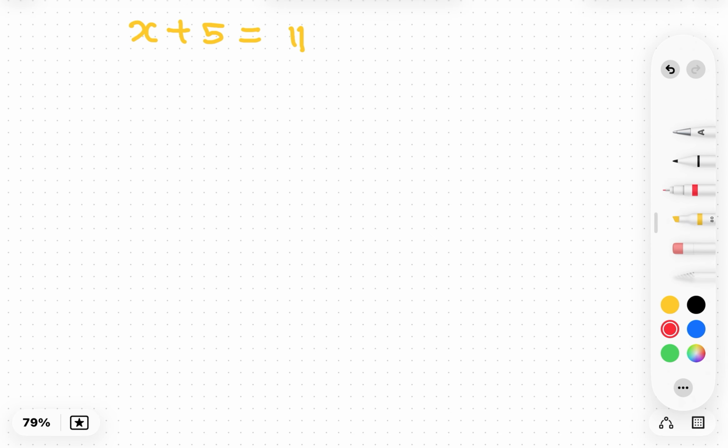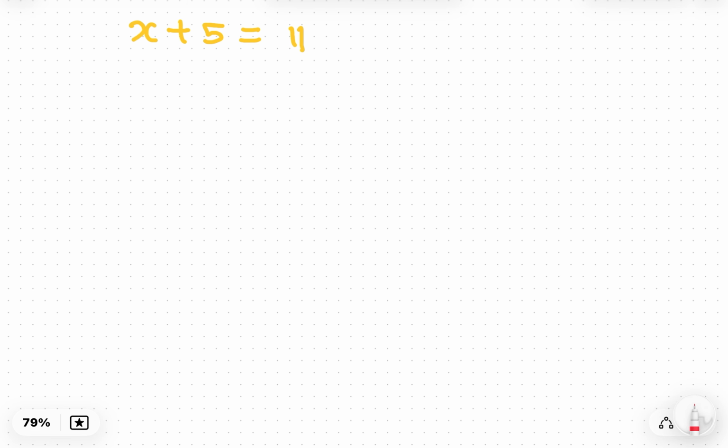Let's say our next equation is x plus 5 equals 11. Now to solve it, our first step is to see which side has the variable, and we can see the left hand side is the variable side. We have x as the variable here. The second step is to see what actions are already done.